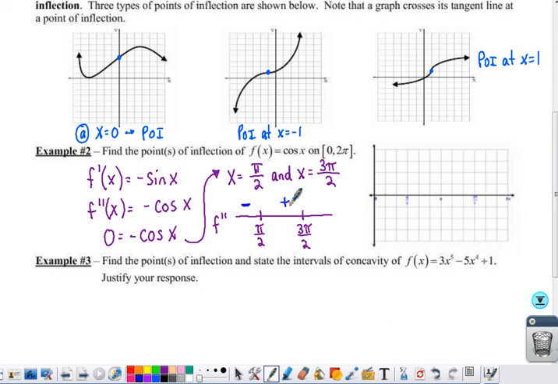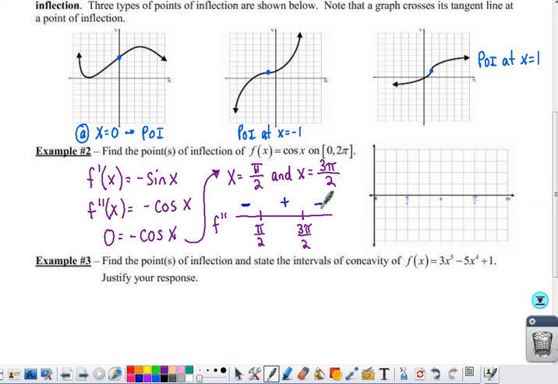That'll give you a positive result. And then from 3 pi over 2 onward, let's test 2 pi, and you'll get a negative result. So whenever the second derivative changes sign, as you can see here and here, those two x values are points of inflection.